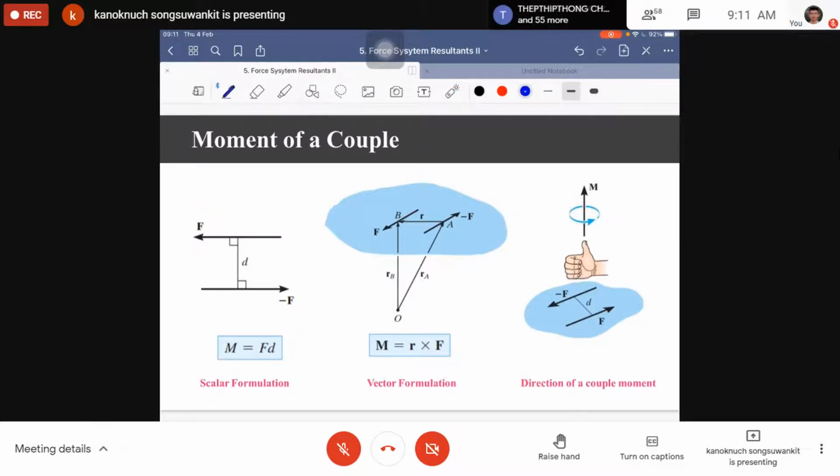You can also find the direction of the couple moment by using the right hand rule. Or it's obvious, right? Because you can use the direction of F to help you find the direction of the moment.